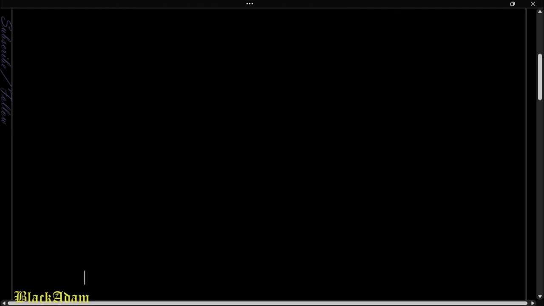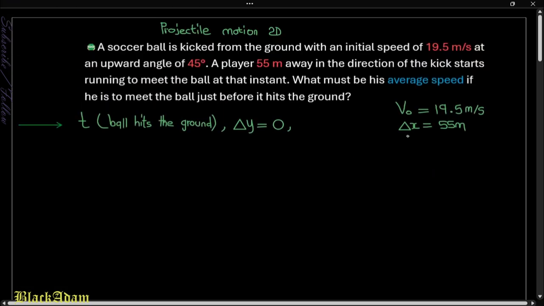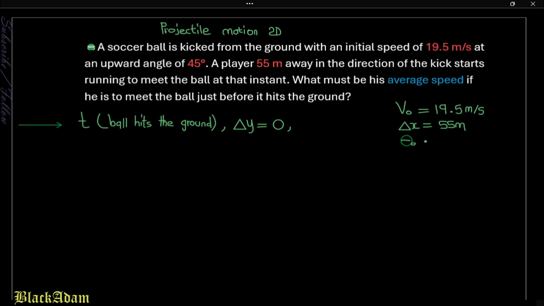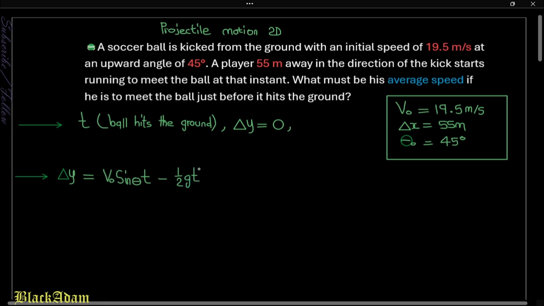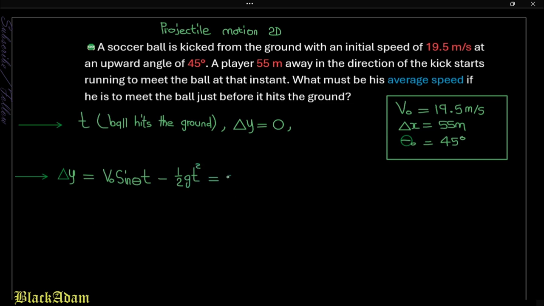We know that the launch angle is 45 degrees. Then we have the change in y, which is the actual equation: initial velocity multiplied by sine theta multiplied by time, minus a half multiplied by gravitational acceleration multiplied by time squared.